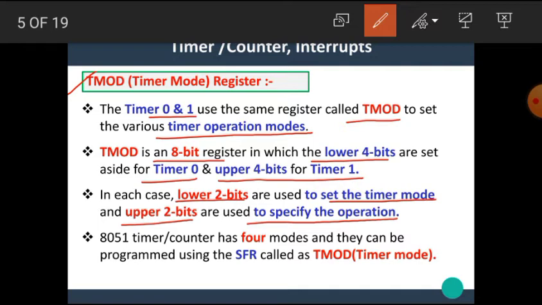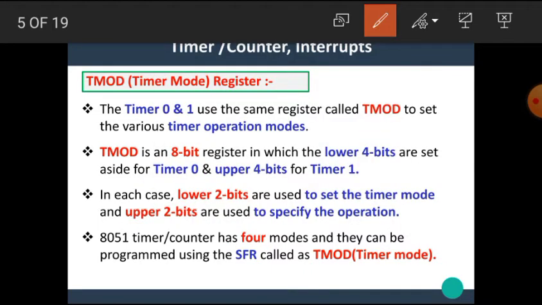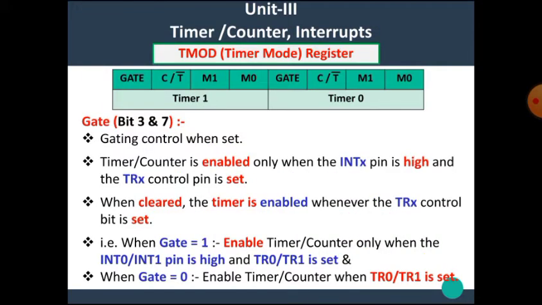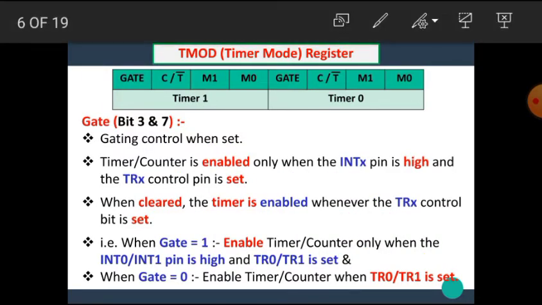The 8051 timer counter has 4 modes and they can be programmed by using the SFR called TMOD, or timer mode register. That means the TMOD register is an 8-bit SFR which is used to specify the timer used and its mode. Let's see the structure of the TMOD register.